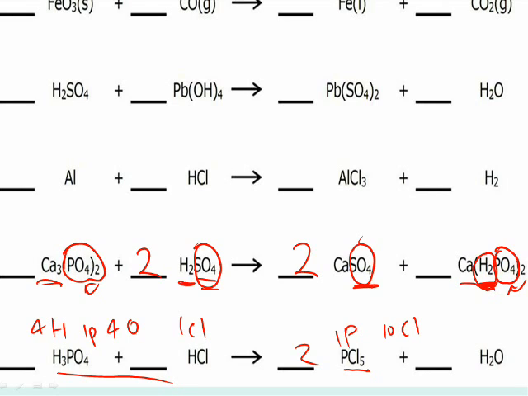So let's just start there. We have 2 phosphates and 10 chlorines. So we're going to have to put a 10 chlorine here. I'm just going to erase these. Okay, so the chlorines are balanced. The phosphoruses, we're going to have to put a 2 here. Phosphoruses are balanced. But the hydrogens, we have 6, 10 here, hydrogens.